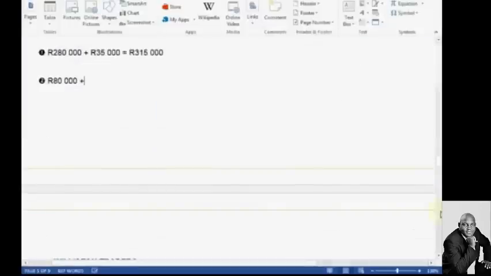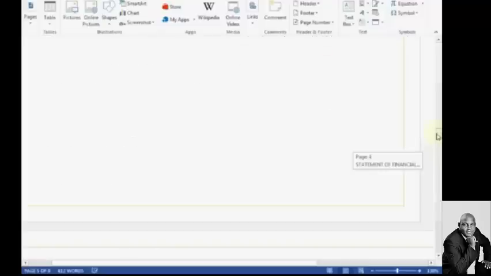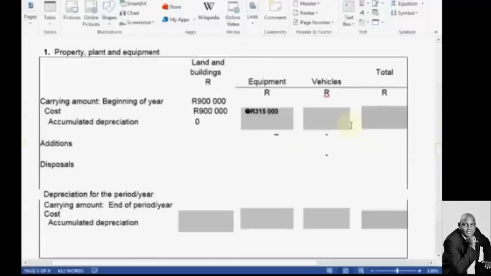It was 12,060. So it's 80,000 plus 12,060 equals 92,060. Nice. That's workings number 2, where we calculate the depreciation for the equipment at the beginning of the year.